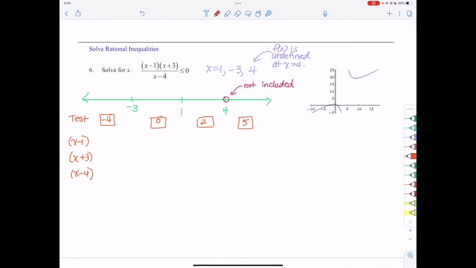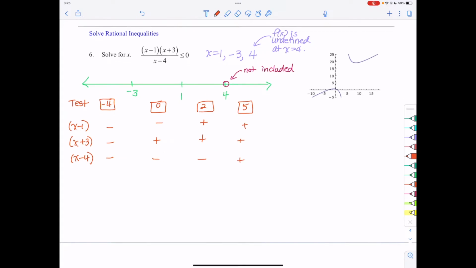So plugging in -4, we have a negative, and a negative, and a negative, a positive, and a positive, a negative. And plugging in a 2, we have a positive, and a negative. And now a 5, they are all positive, okay?